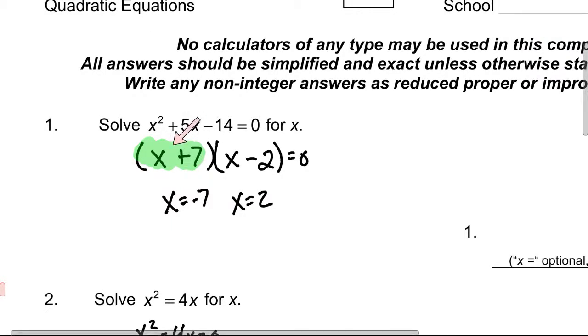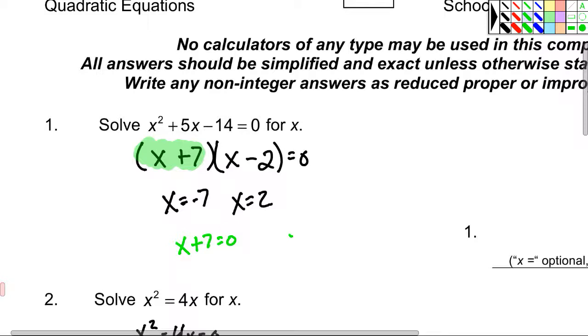So we take whatever's in that parentheses, and ask, when is it that x plus 7 equals 0? We solve for x. X would equal negative 7. That's where the first solution comes from.